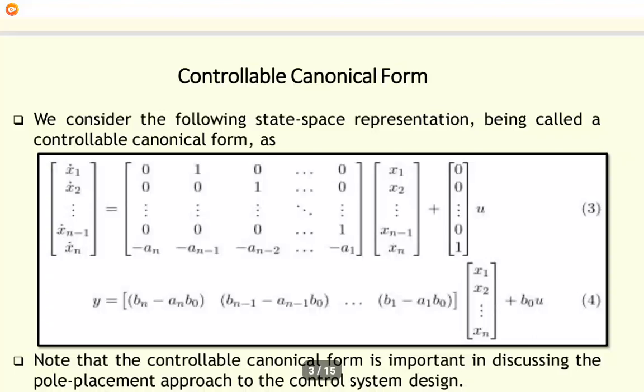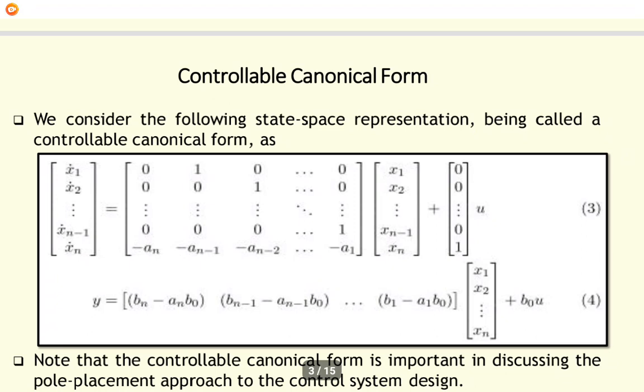The last row of the A matrix contains the coefficients minus an, minus a suffix n minus 1, minus a suffix n minus 2, and so on up to minus a1, and the state variables are x1, x2, and so on up to xn minus 1 and xn.